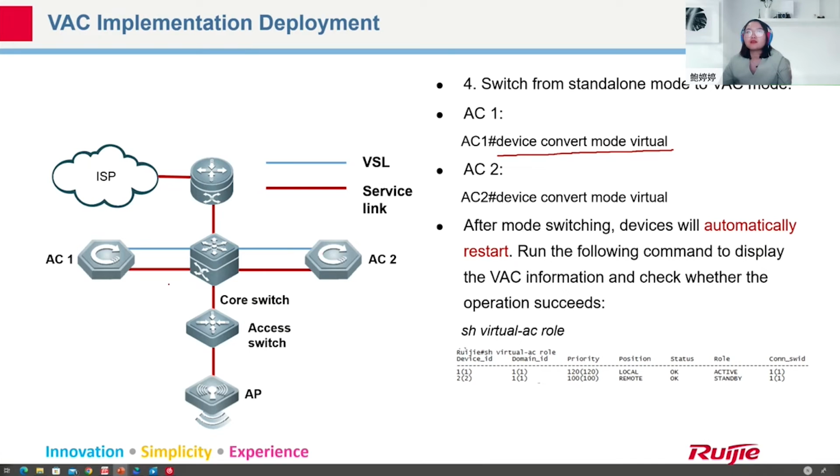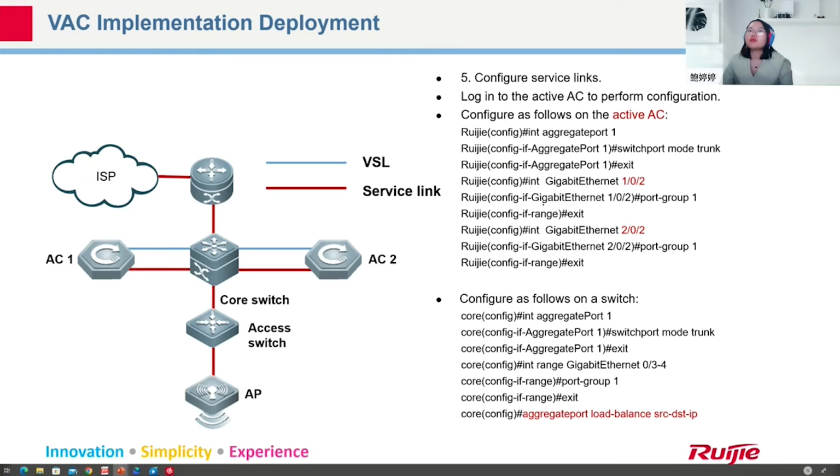So in this process, the AC will not be working until we become a VAC successfully. Then you can use the command show virtual AC role, and you can see two ACs, AC1 and AC2, the domain ID, priority, whether the position is local or remote, the status is okay, and what's the role, and what's the ID. And here is the configuration.